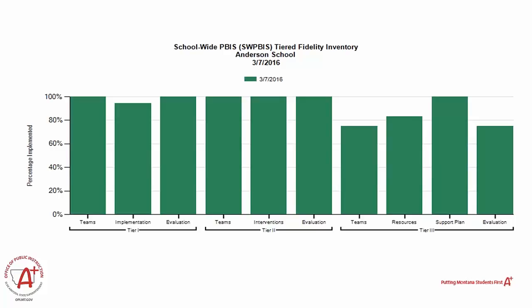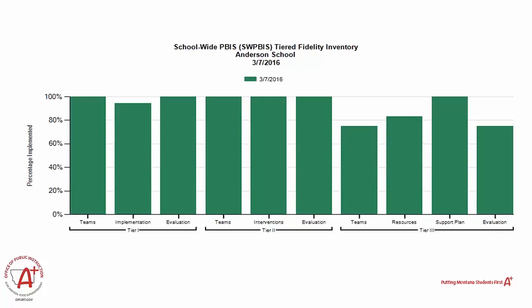Obviously, at Tier 1, Anderson School has very strong teaming, very strong evaluation, and I think they should also celebrate their implementation. At Tier 2, again, we have some major celebrations that need to happen at the teaming, for interventions, and for evaluation.